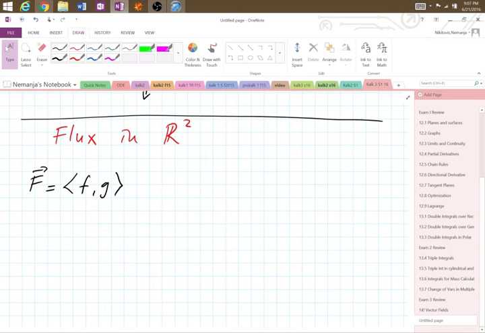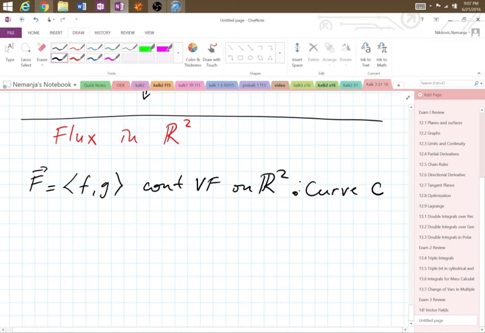So again, we have the continuous vector field on R2. And we have curve C given as r of t equal to x of t. Again, parametrization.